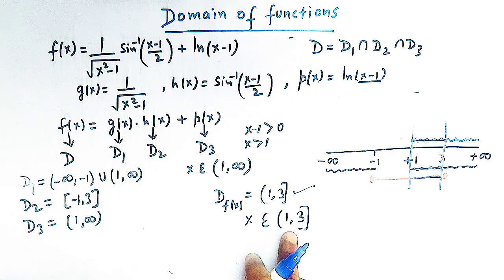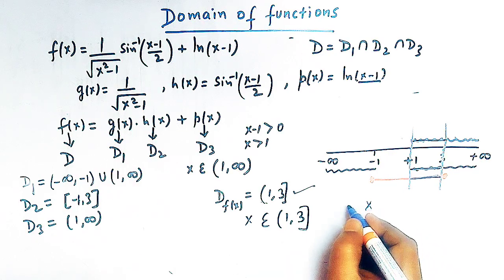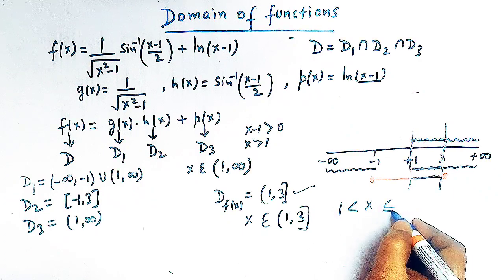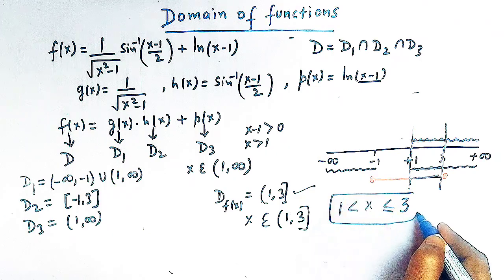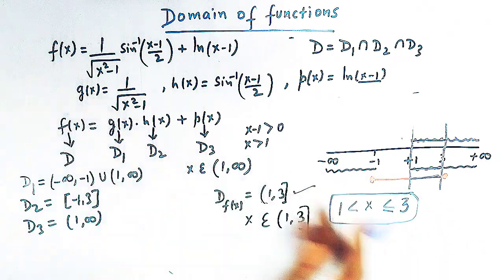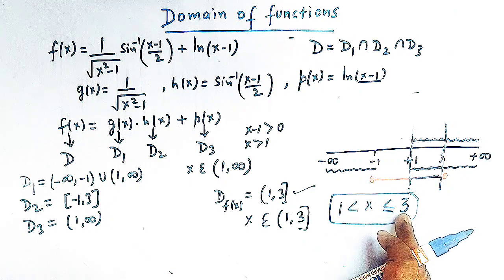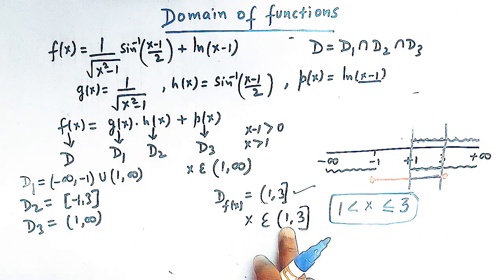This interval can also be expressed as x greater than 1 but less than or equal to 3. So either we can represent the domain of f of x like this, x greater than 1 but less than or equal to 3, or as x belonging to the interval 1 to 3, open from the left and closed from the right.